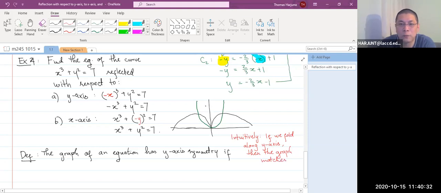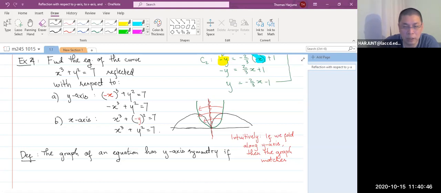You fold it along this axis here, then this part will fold into that, this part will fold into that, and so on and so forth. But that's intuitively. Now, how to do it algebraically though? In other words, how do we know the graph of an equation has y-axis symmetry without graphing it?